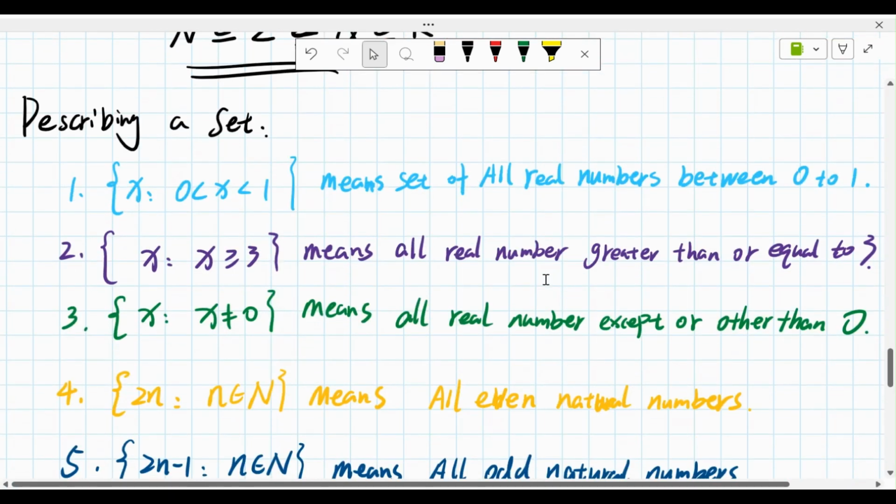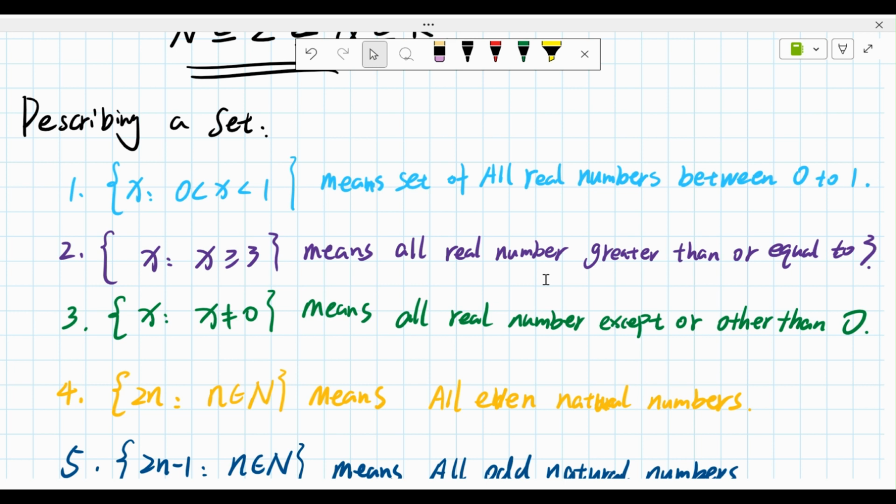So we will describe the set. We can say 0 to 1 is all real numbers between 0 and 1, not including 0 and 1, okay? Then x is greater than or equal to 3, which means the real numbers greater than 3 and also equal to 3.